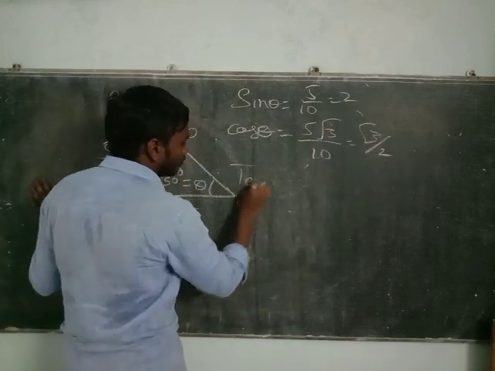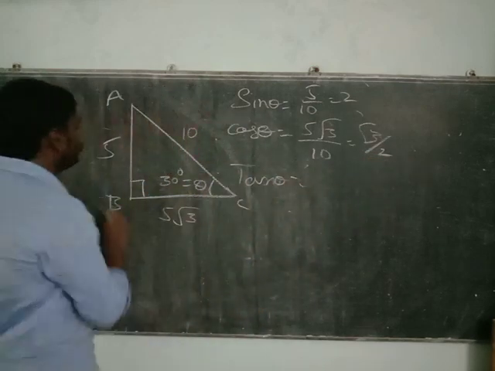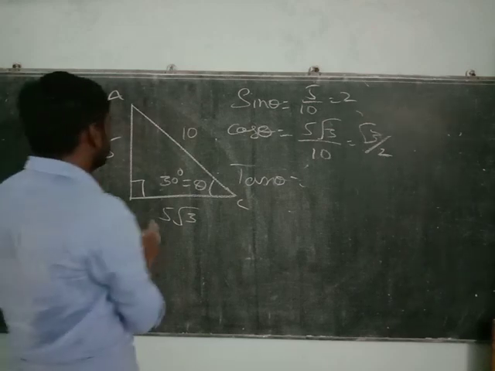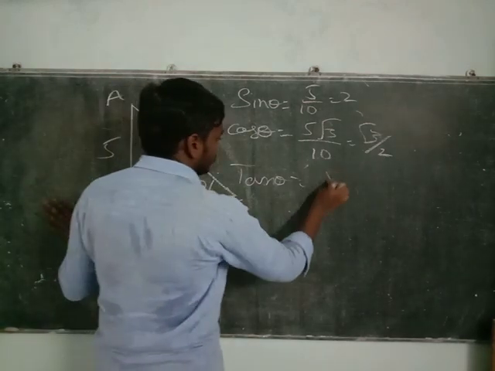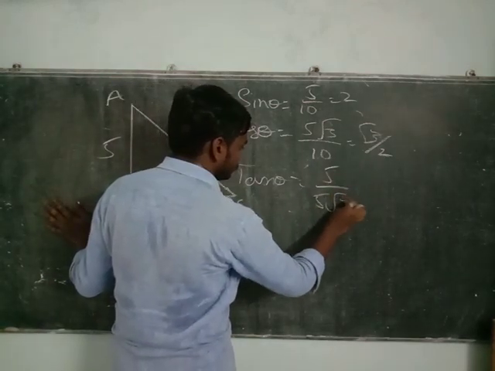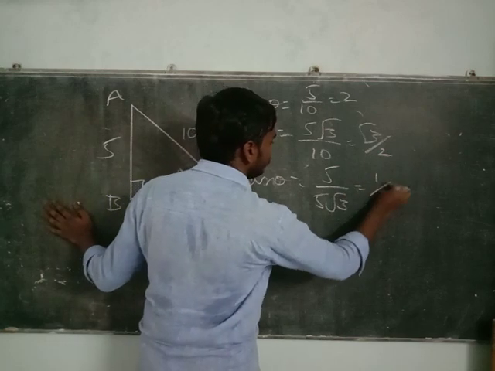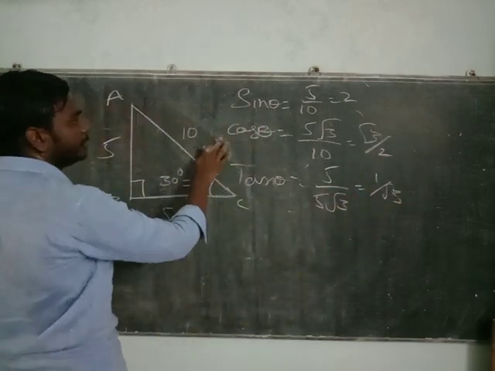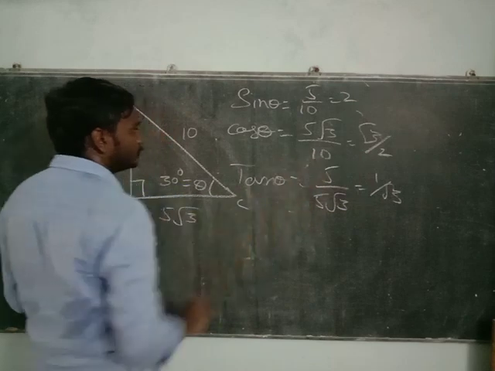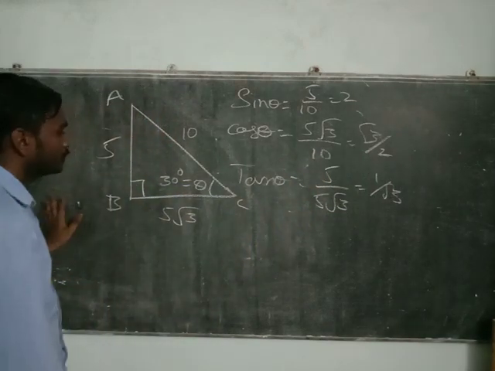Tan theta is opposite by adjacent, that is equal to 5 by 5 root 3, that is equal to 1 by root 3. Or you can divide sin by cos, 1 by 2 divided by root 3 by 2, that is 1 by root 3.